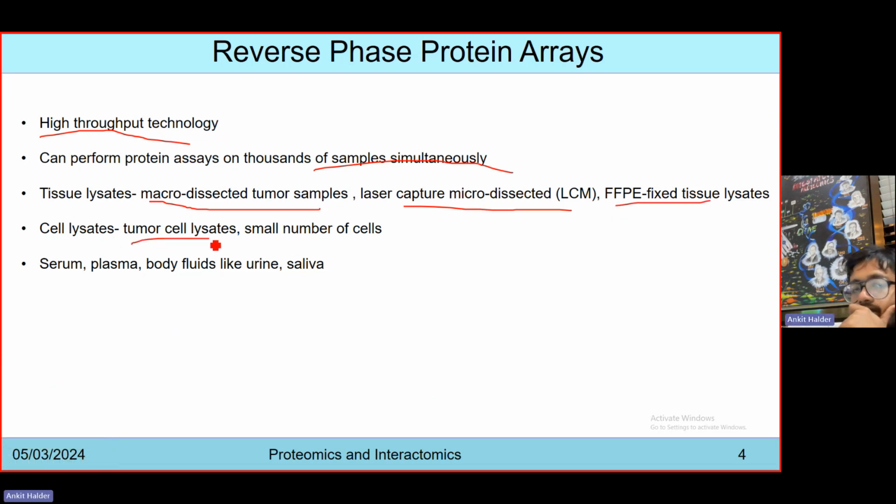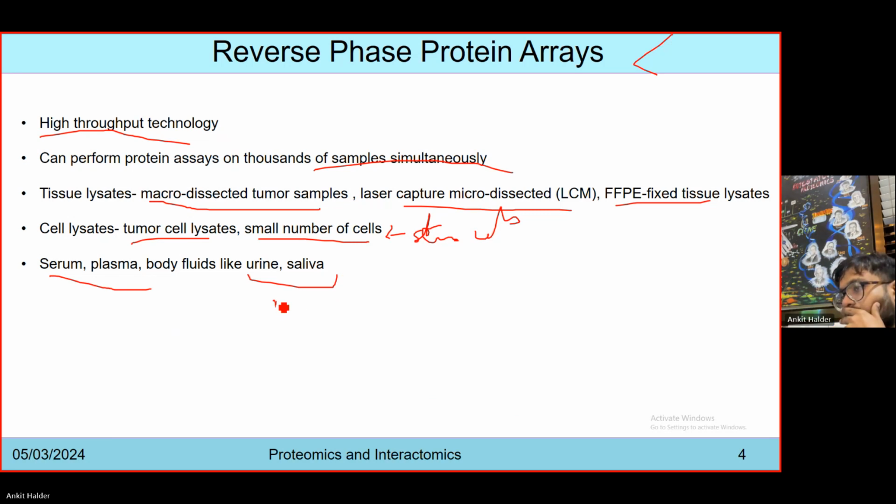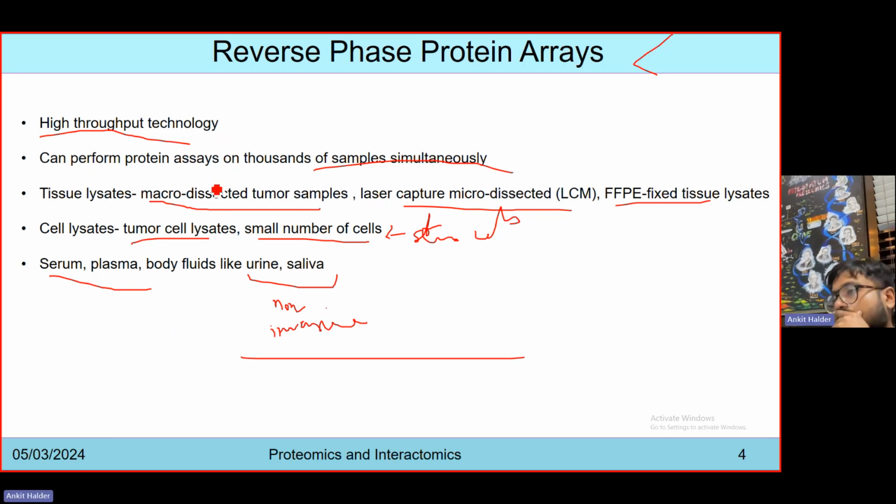Cell lysates, you need tumor cell lysates, small number of cells like stem cells, as I have already mentioned. Serum, plasma, body fluids like urine, saliva, or non-invasive. So all these samples can be taken in RPPA.